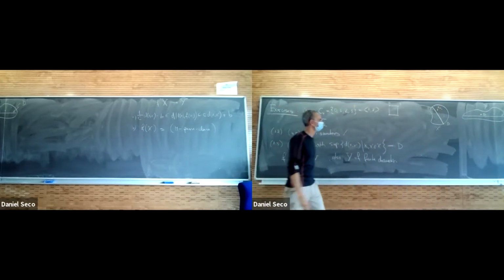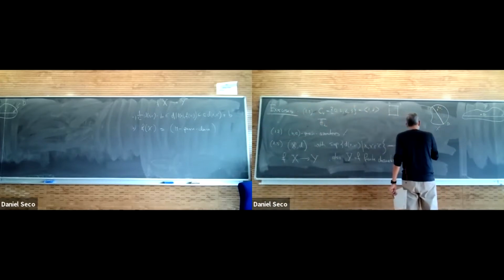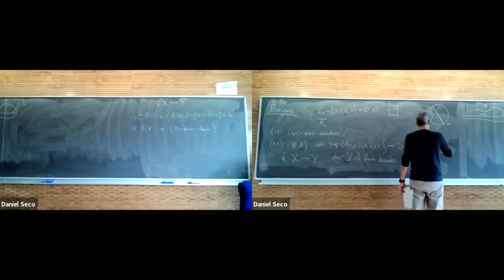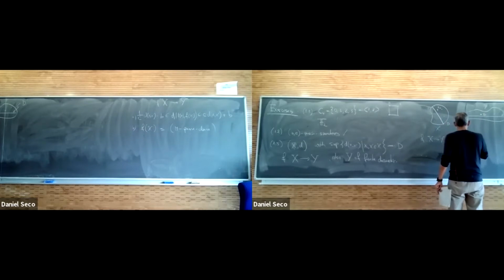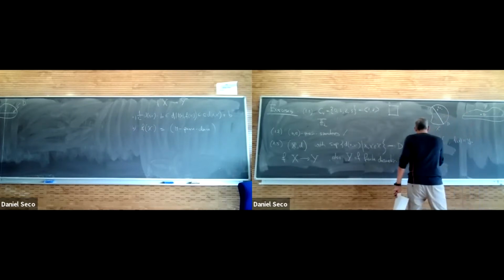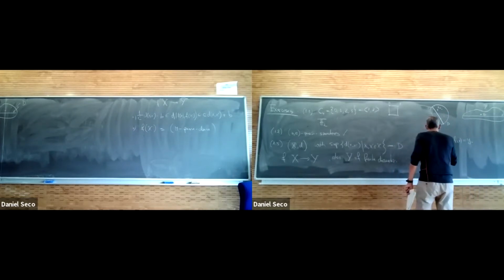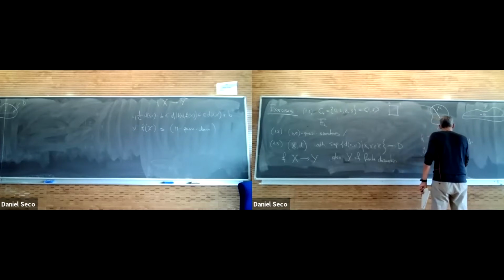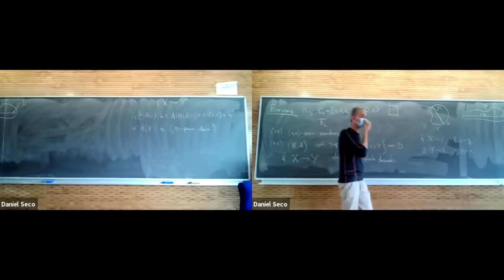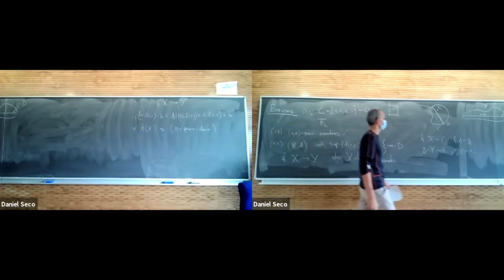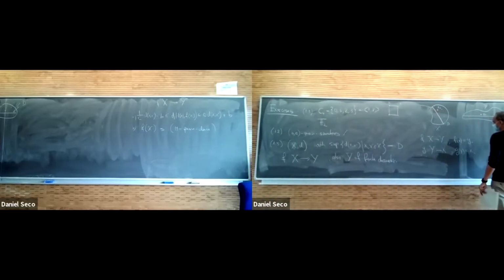Then f goes from X to Y, and you send every x to y naught. And g goes from Y to X, and g of y is x naught. Then you can check that these are in fact quasi-isometric. Yeah, it's very easy.